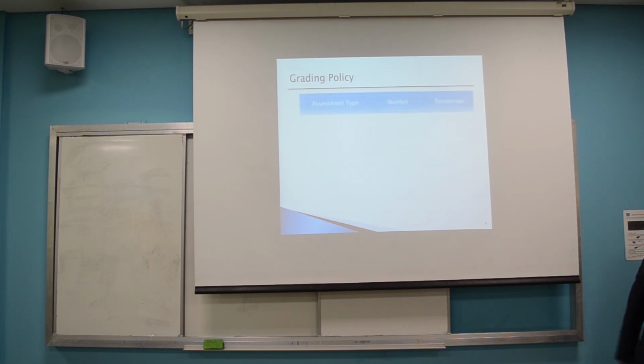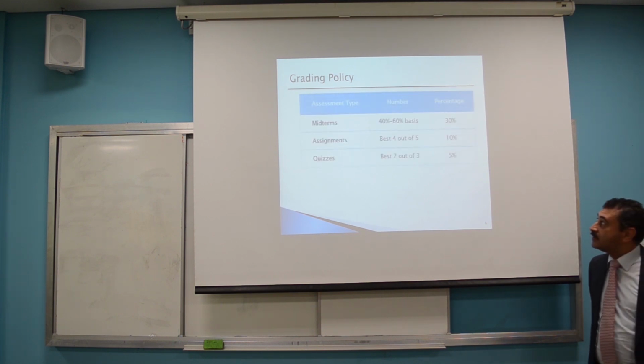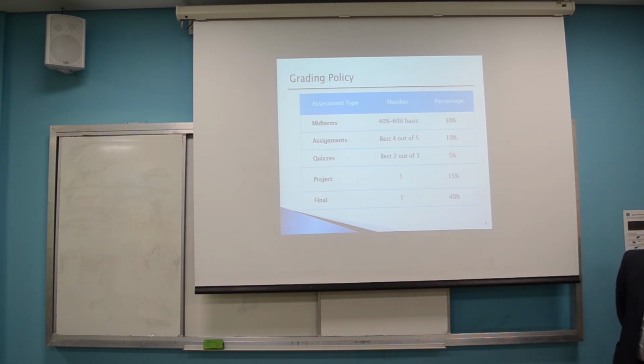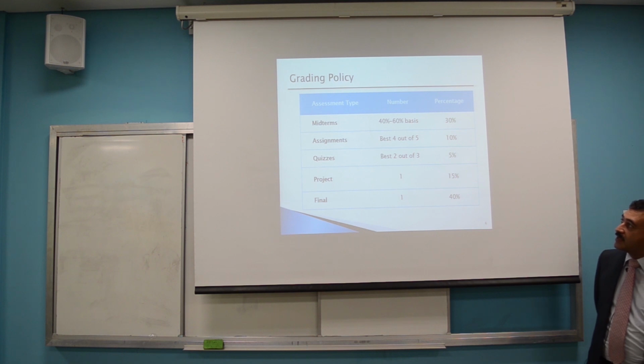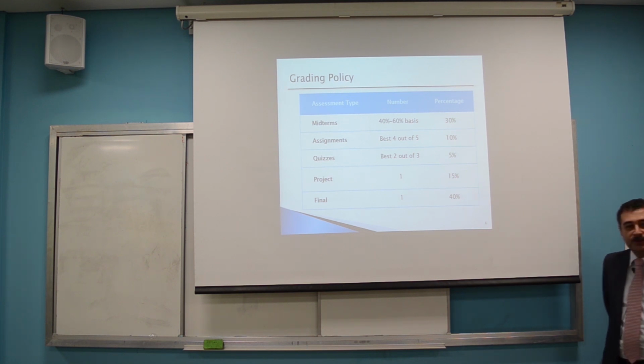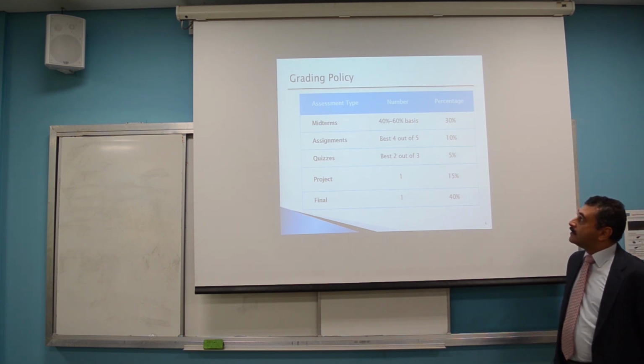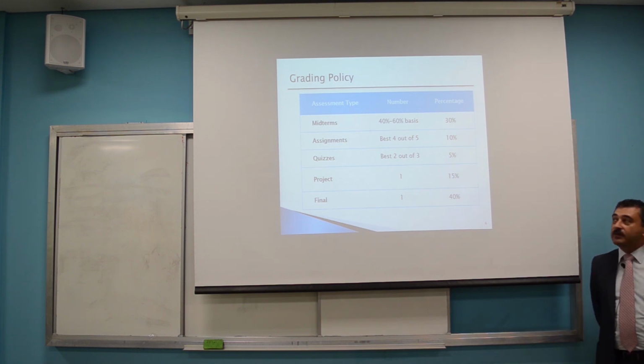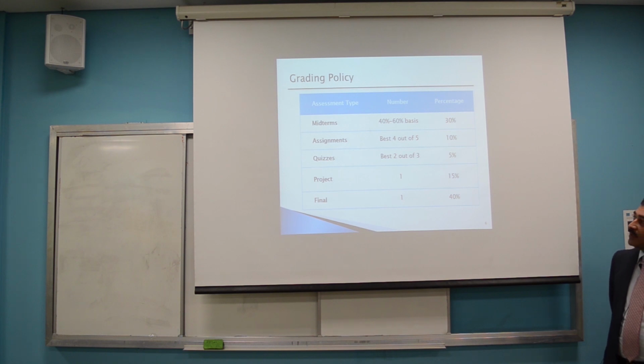Let's have a look at our grading policy. We'll have 30% on midterms, on a 40-60% basis. We have 5 assignments, and we take the best 4 out of 5, with 10%. Quizzes will be the best 2 out of 3, 5%.